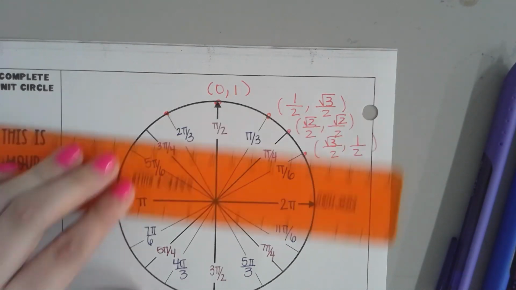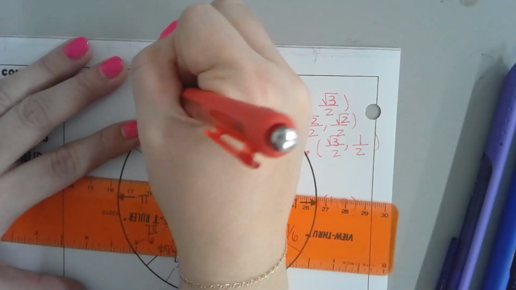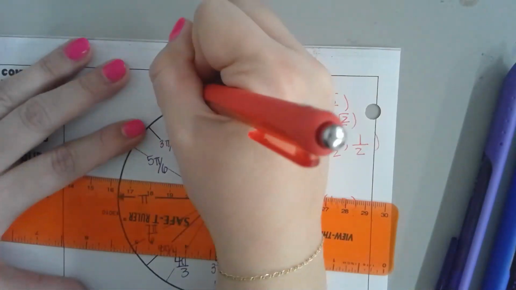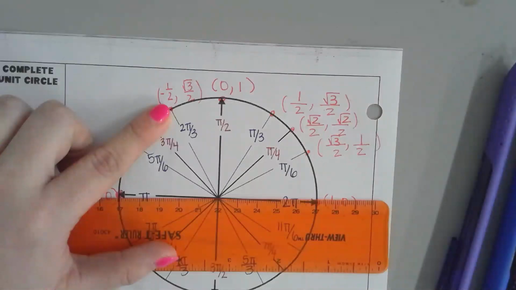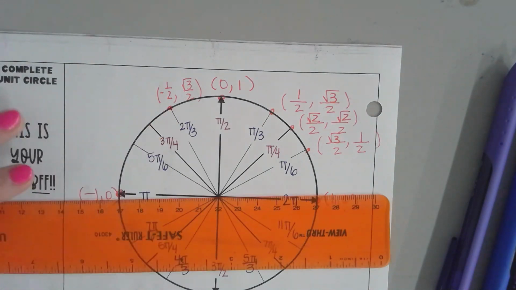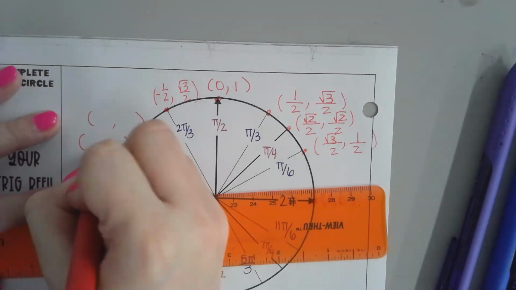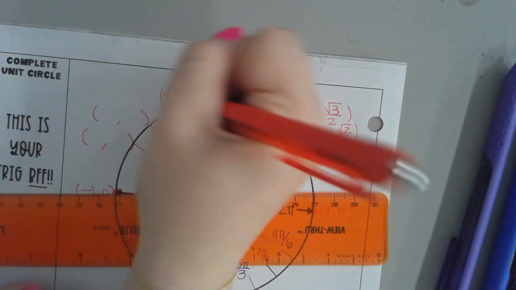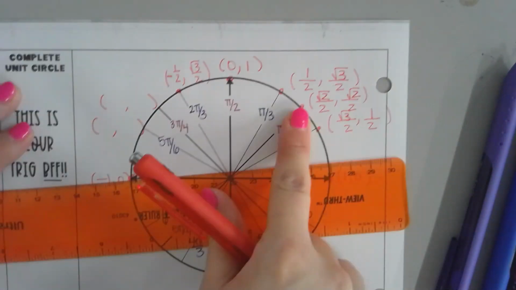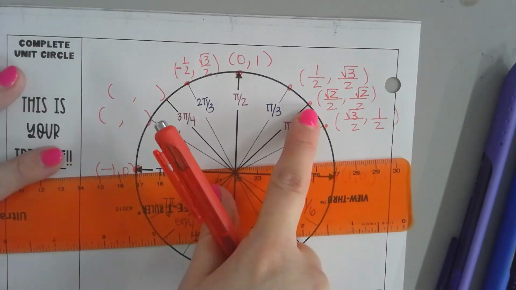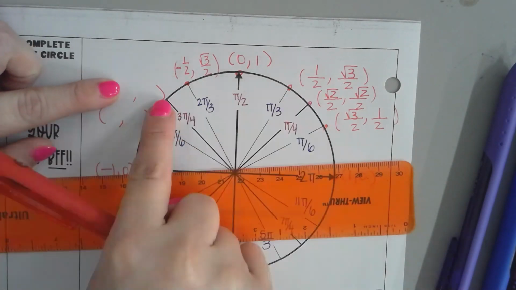value change, so this is -1/2 square. And then this one reflects here.